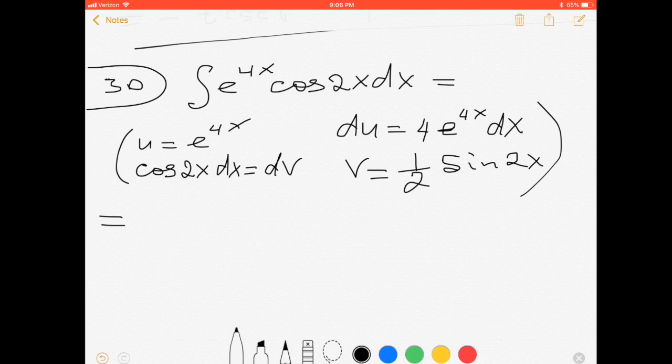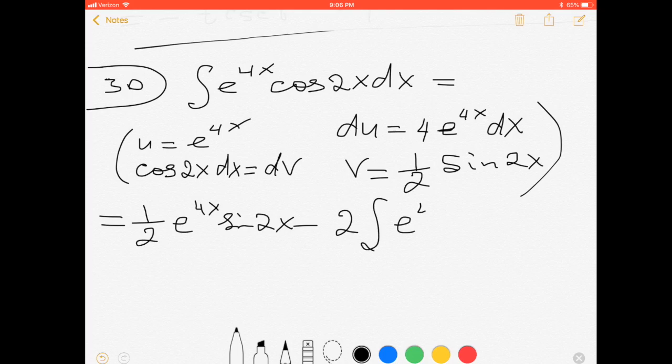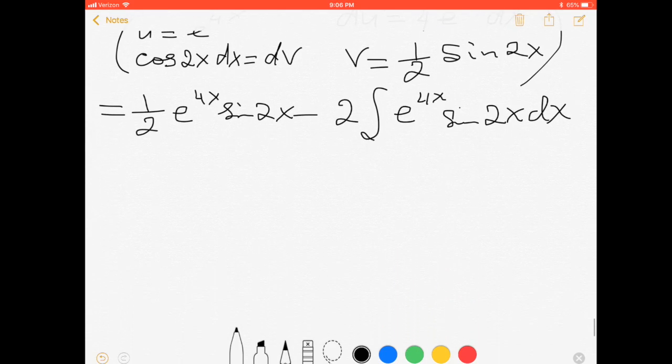We have 1/2 e to the 4x sine 2x minus integral of v du. 4 times 1/2 is 2, and 2 I write outside of my integral: e to the 4x sine 2x dx. Okay, we need to use integration by parts one more time.